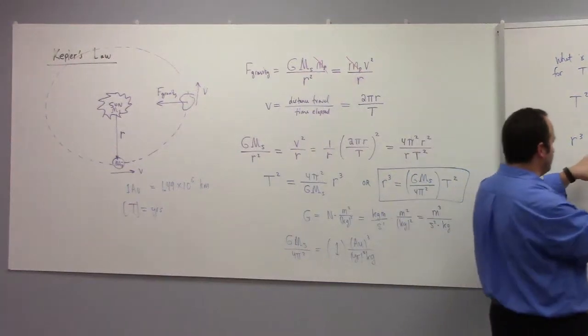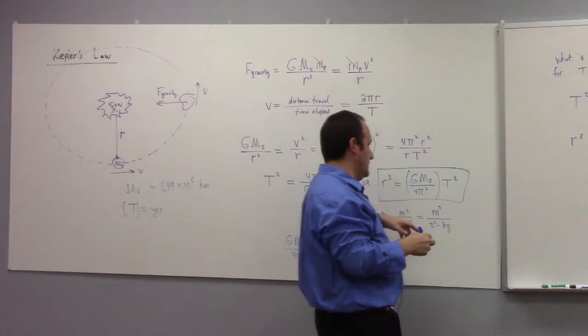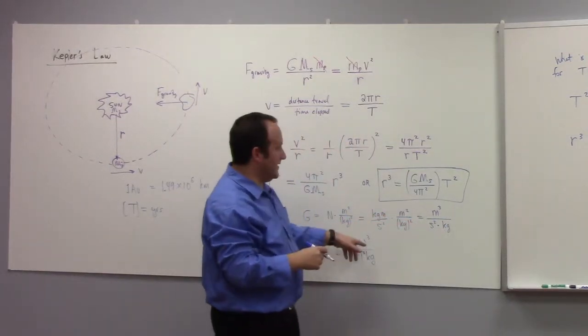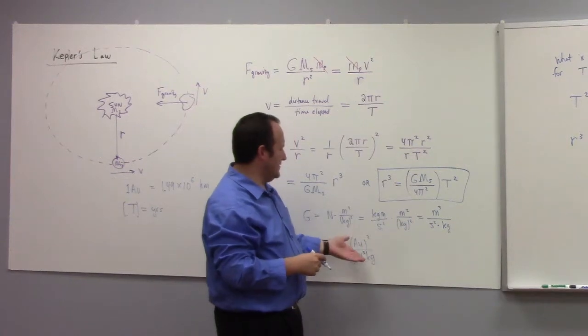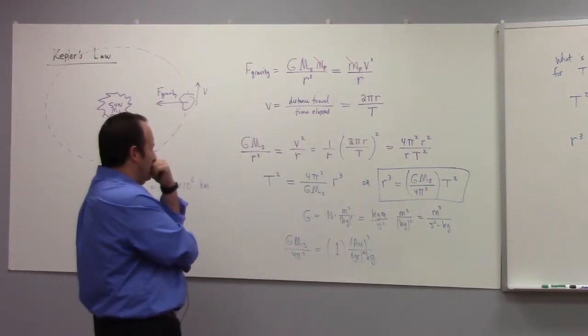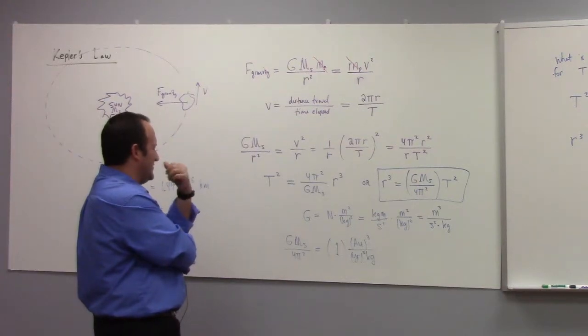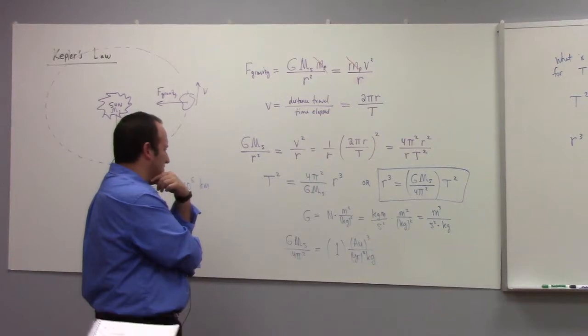This becomes 4 astronomical units cubed when you work out the units. Wait, there's no kilograms in this. How did I get kilograms in there?